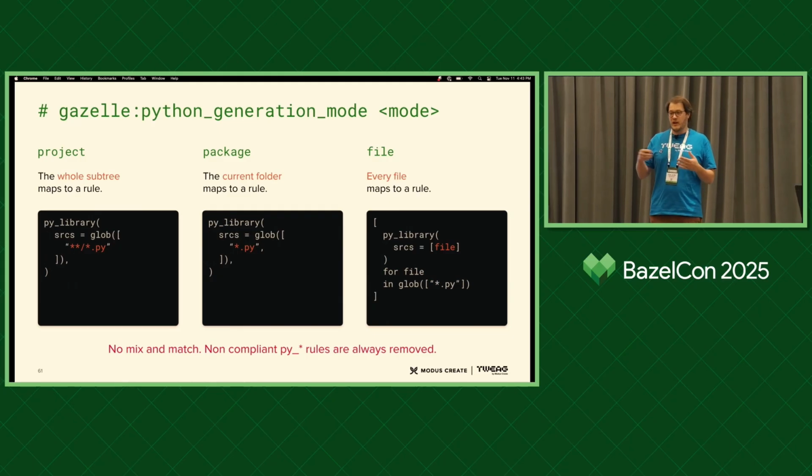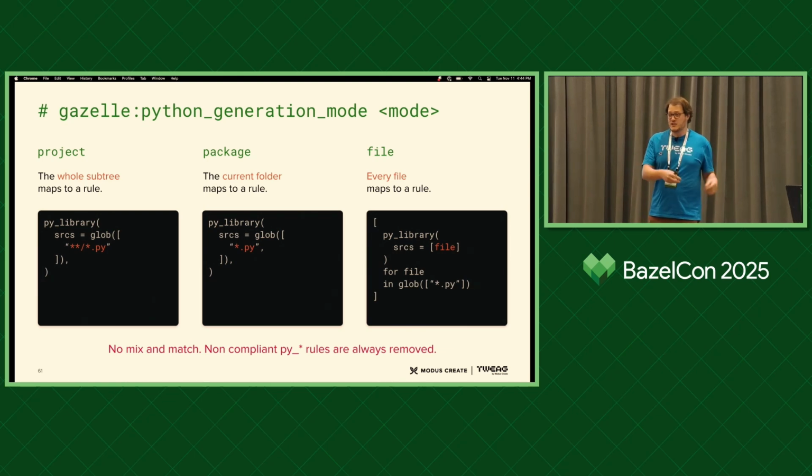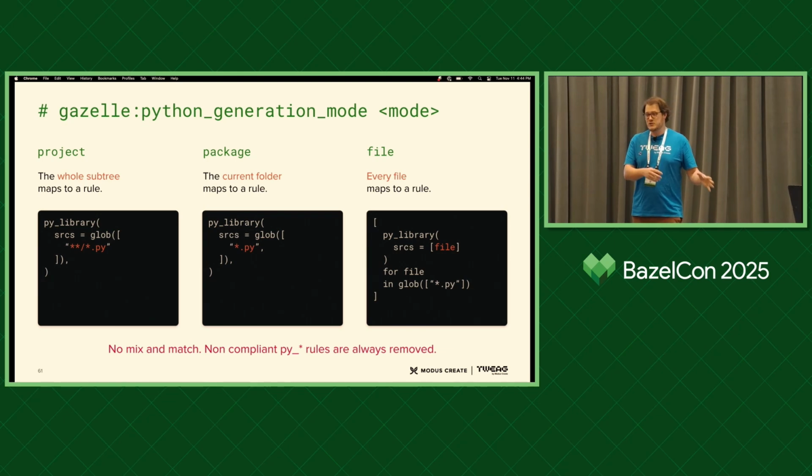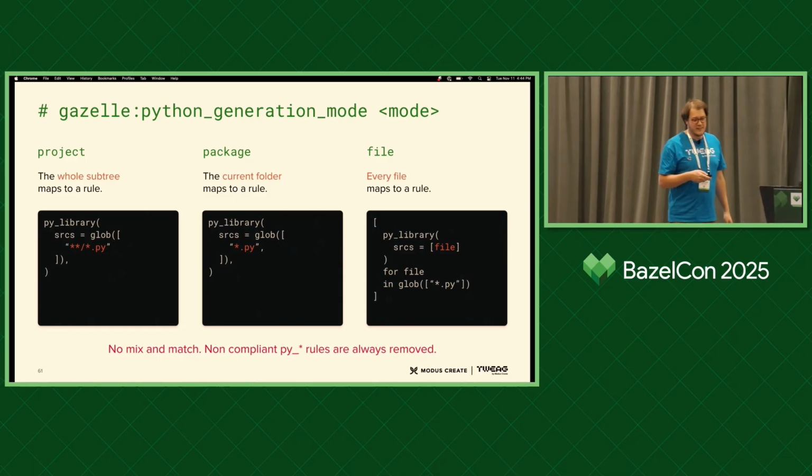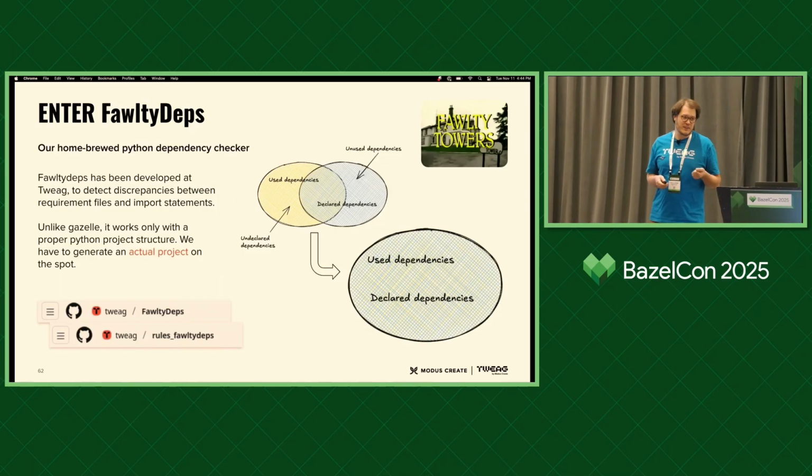It just means that every Python file is a py_library or a py_binary or whatever, and on top of that, you can have files with a specific extension that would be binaries or executables, stuff like that. But that's the extent of it. And it makes sense. Please, start your project using Gazelle, abide by some good conventions. But if you end up in the situation where we were, then I went to develop something else.